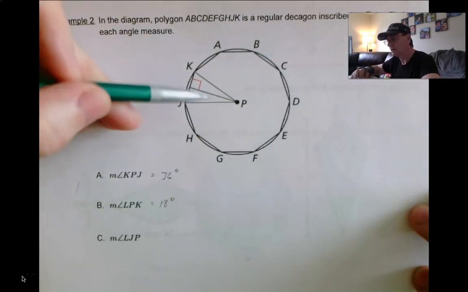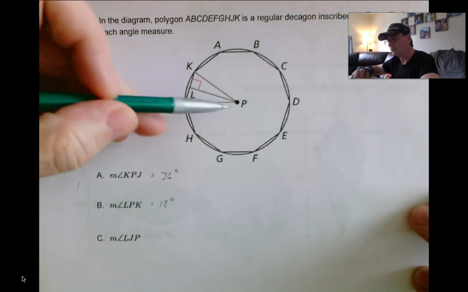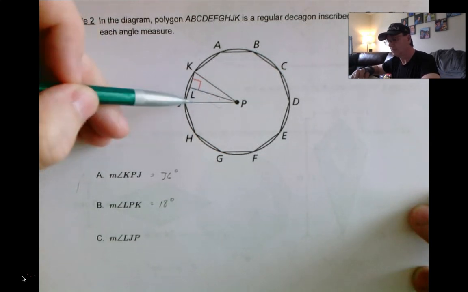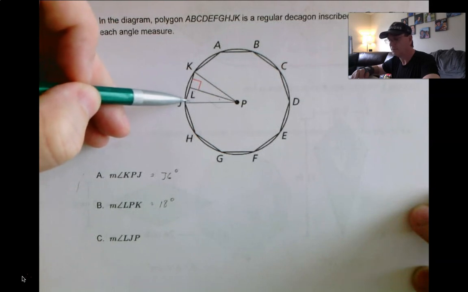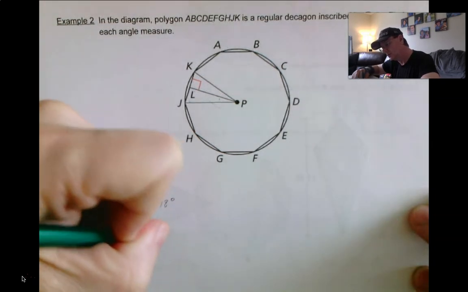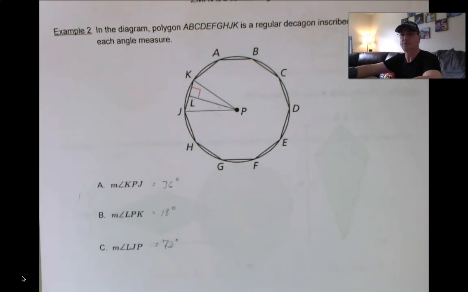LJP, well, we have a right triangle. This is 18, this is 90. So this is the remainder of 90 minus 18. So 90 minus 18, 72 degrees. So there's example 2.